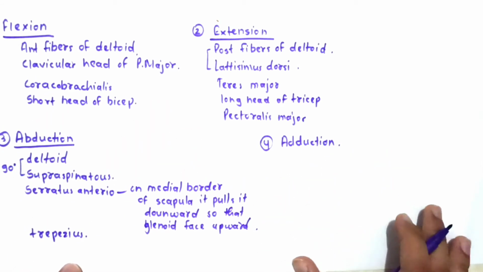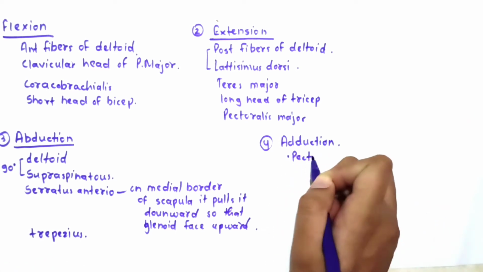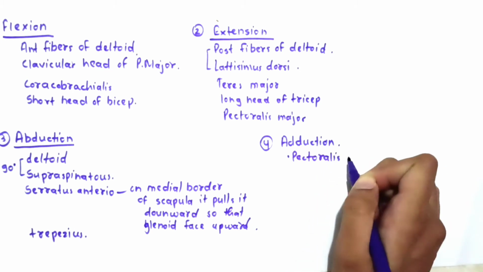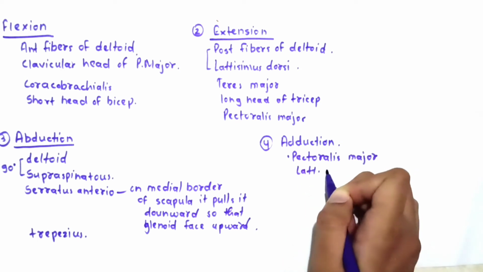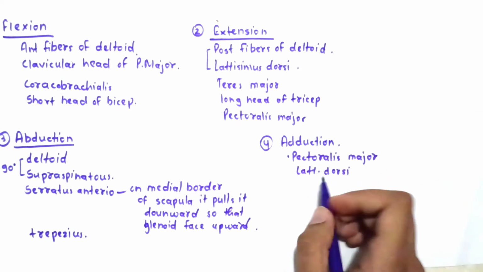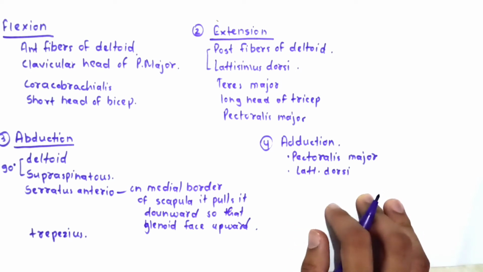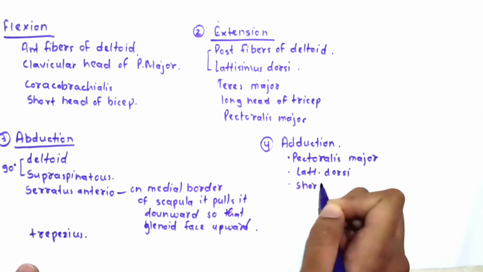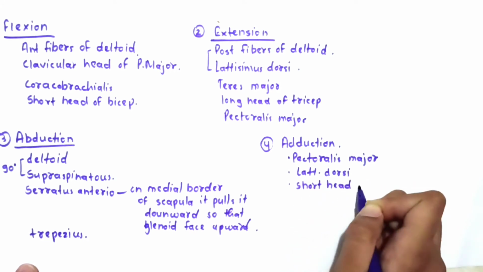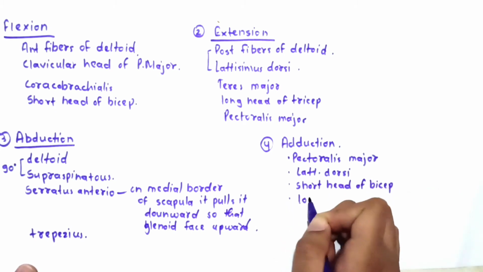Here there is no anterior and posterior, so muscles like pectoralis major, latissimus dorsi, the short head of biceps and the long head of triceps will help.